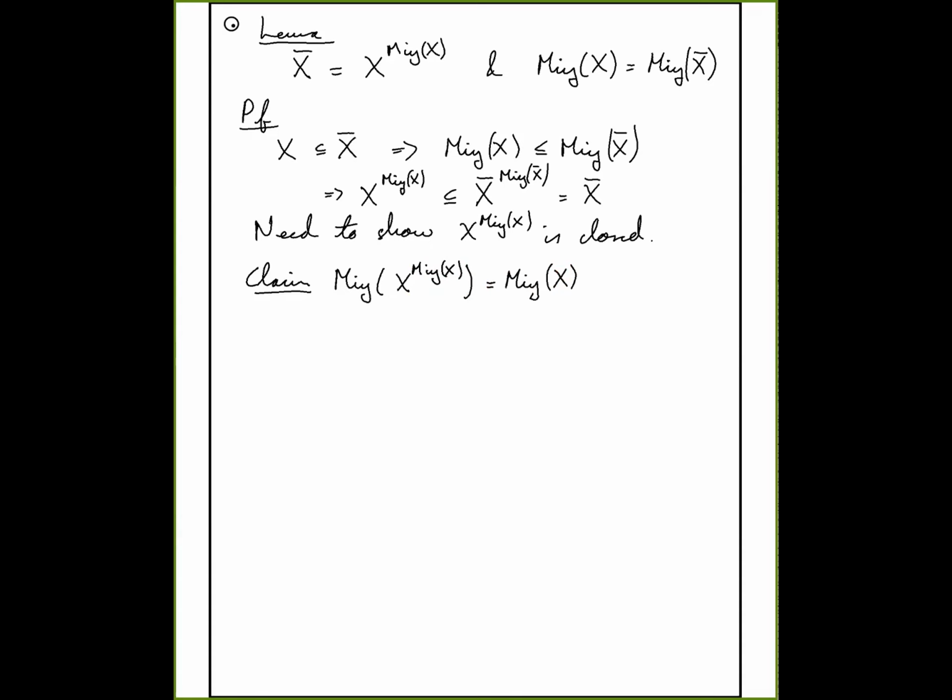So the way we see this, let B be one of these axes here. That implies that B equals A to the G for some A in X and G in the Miyamoto group of X, just by definition.